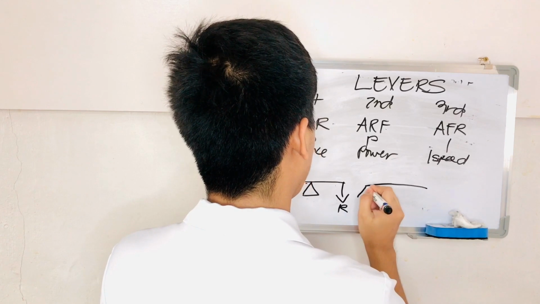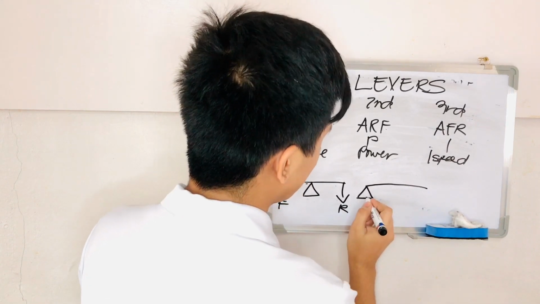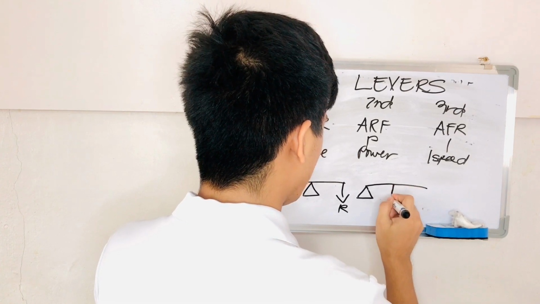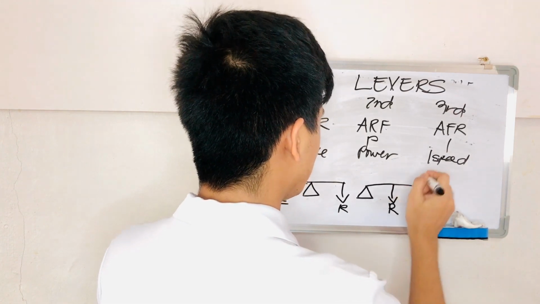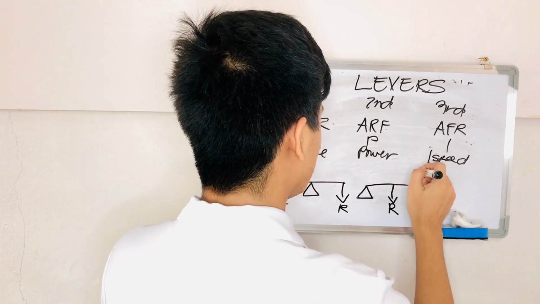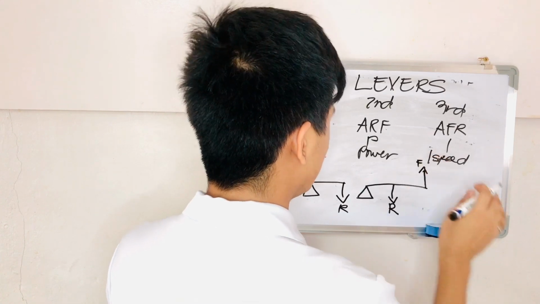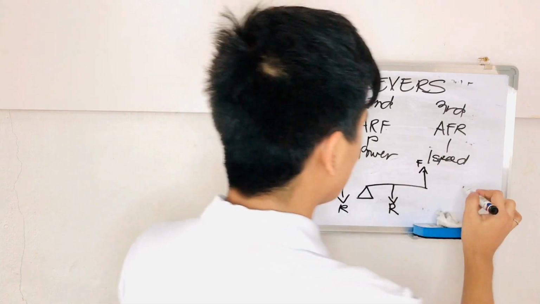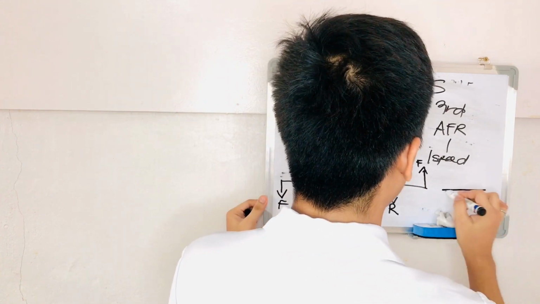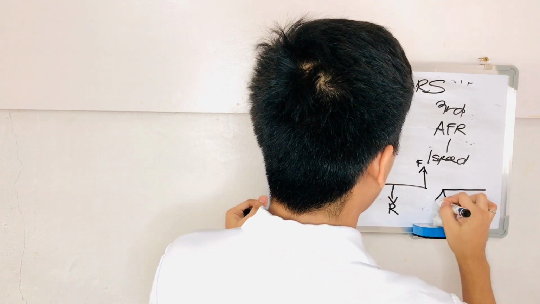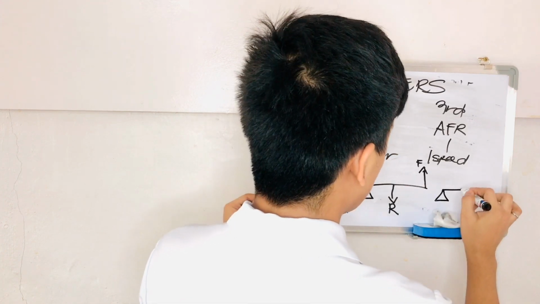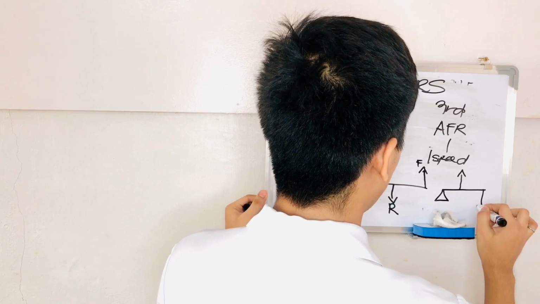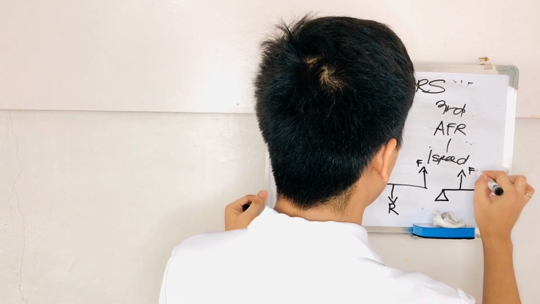So the fulcrum of the arm or the axis is here, and then the resistance is going downward, that's resistance, and the force is going upward. This one is the force. Then for AFR, the axis is here, then the force is at the middle, going upward, resistance is at the end, going downward.